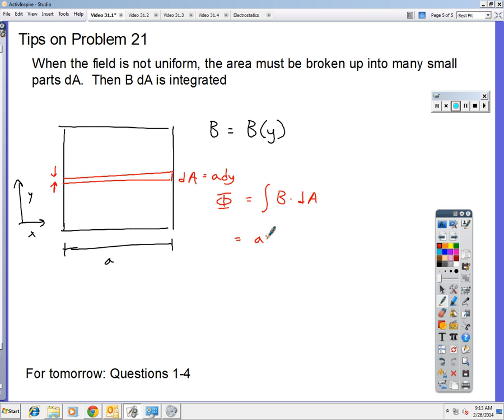So this becomes A times B dy, and you'll integrate from the bottom edge of the loop to the top edge of the loop. Now B is also a function of t. For the purpose of this integral, t is a constant, and then when you take the derivative, it will be with respect to t. So it's good practice on relatively simple multivariable calculus, which really isn't as hard as you think it is.